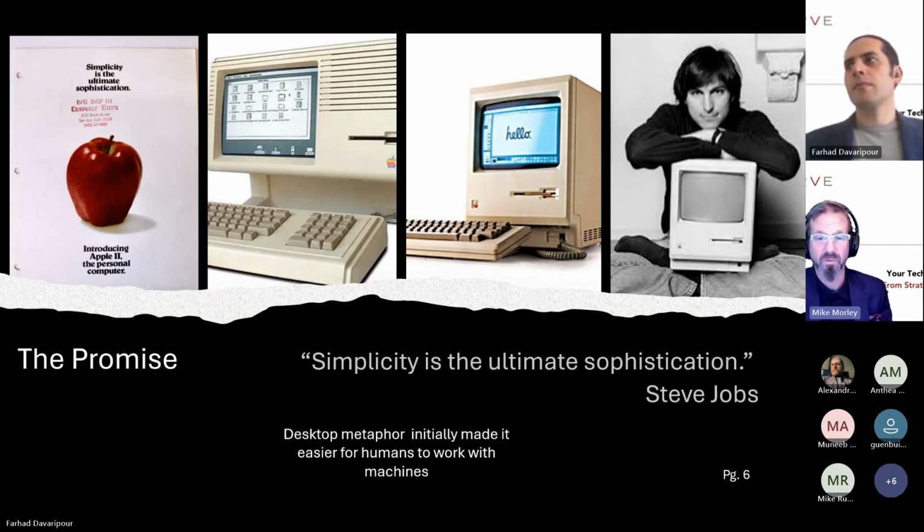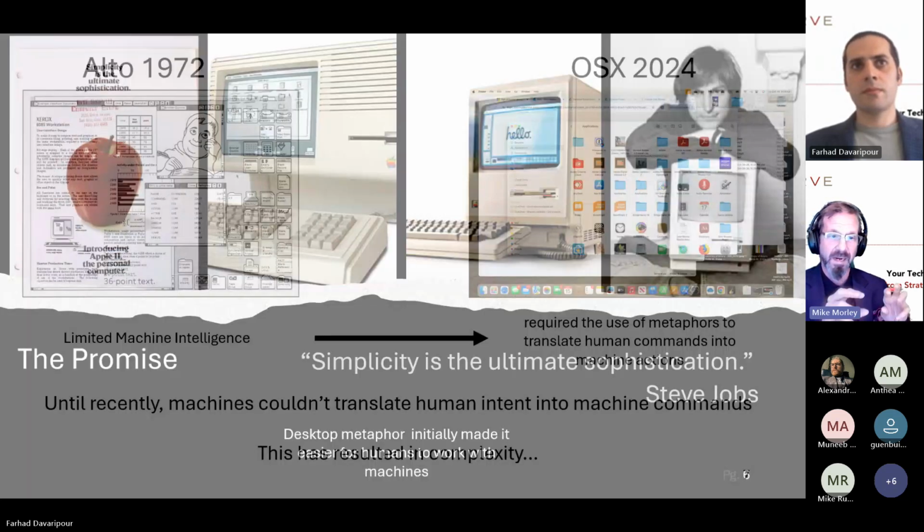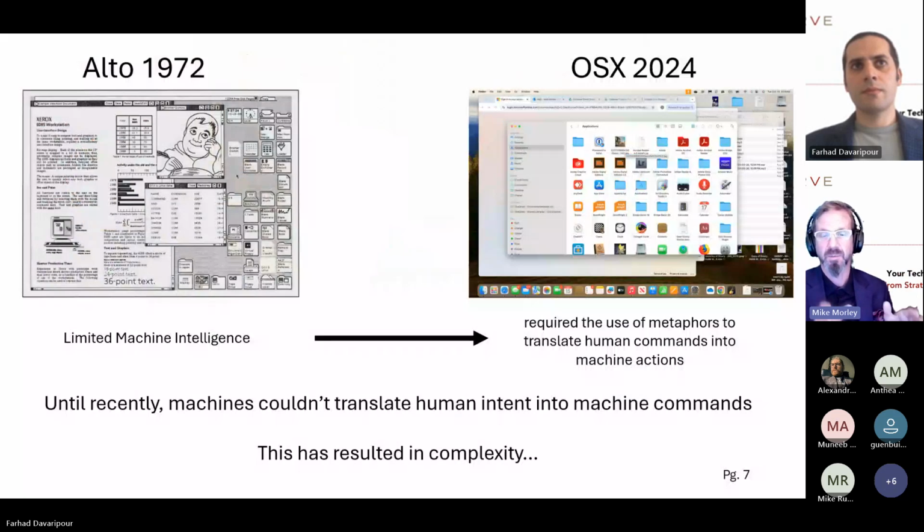If we go to the next slide, that innovation actually started a number of years earlier with the Alto in 1972. Back at that time, the computing was pretty limited. Anybody who's had the opportunity to work with one of those older machines knows the desktop metaphor was pretty revolutionary, but it was really simple, because the machine intelligence at that time was pretty basic.